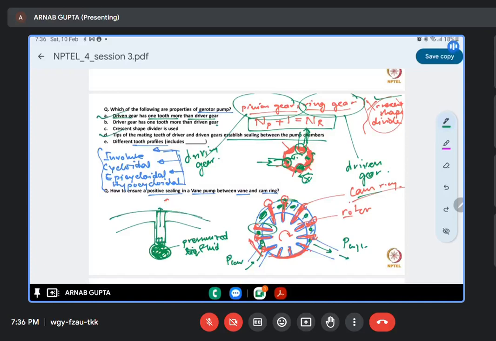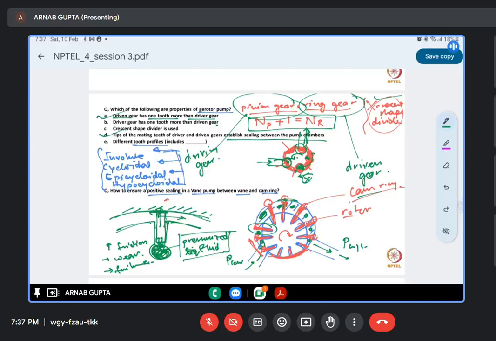Now you can understand that we can't put high pressure as much as we want, because when this particular thing is touching the cam, we have to keep in mind that the vane is tight, so the sliding will lead to high friction, and also it will lead to wear of this particular vane or the cam ring wall, and premature failure of this particular pump vane, right?